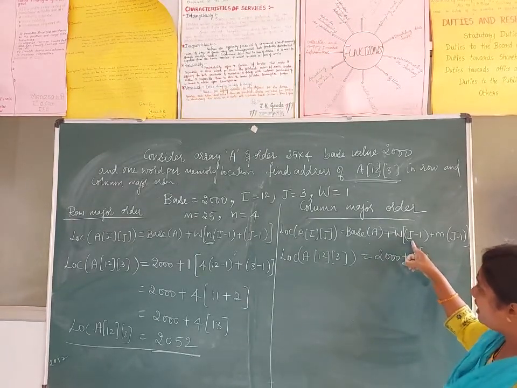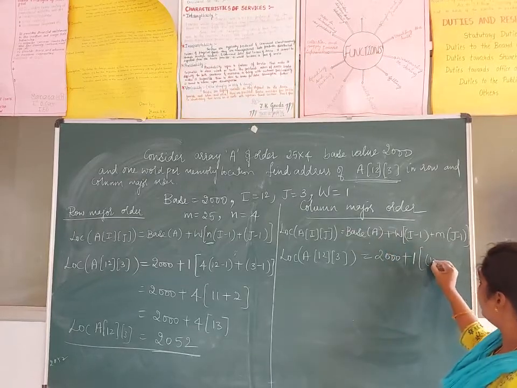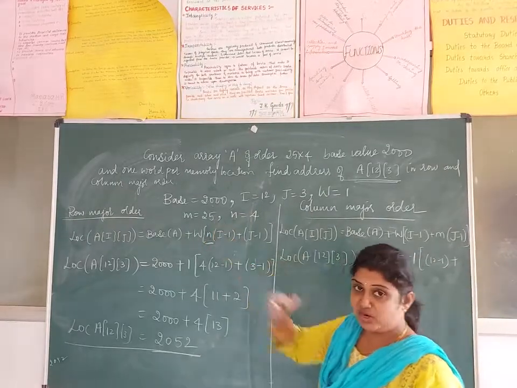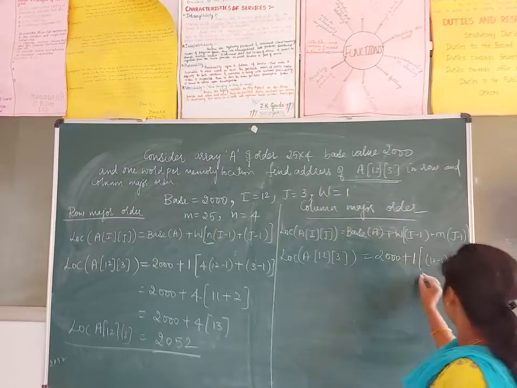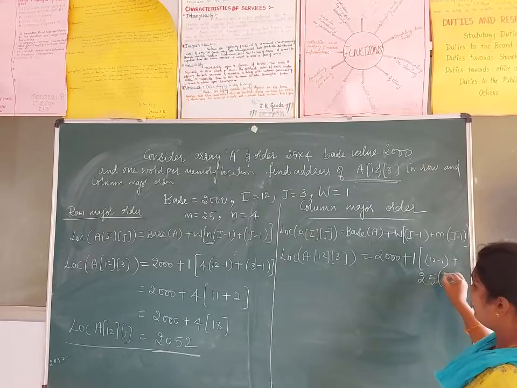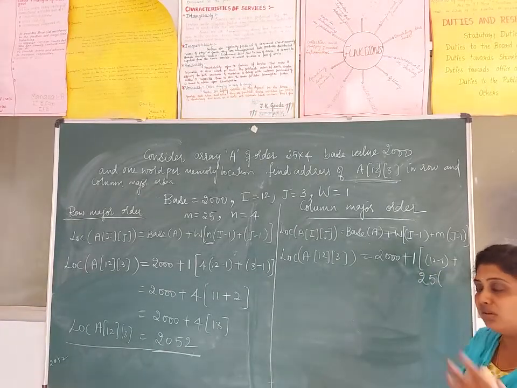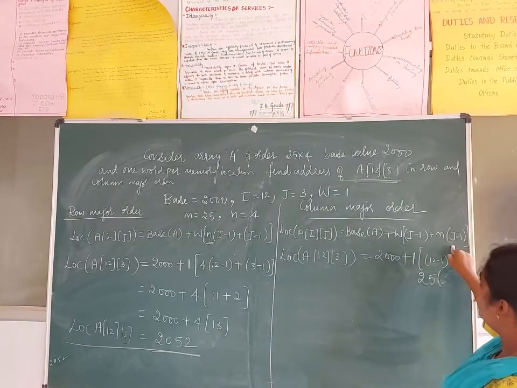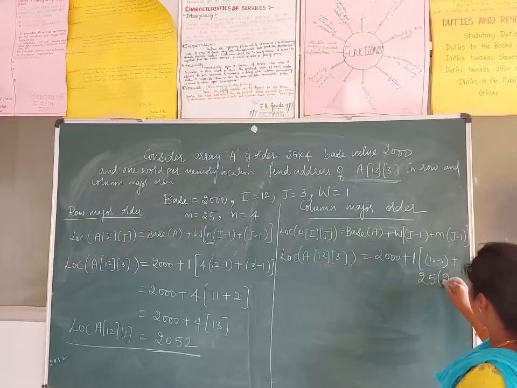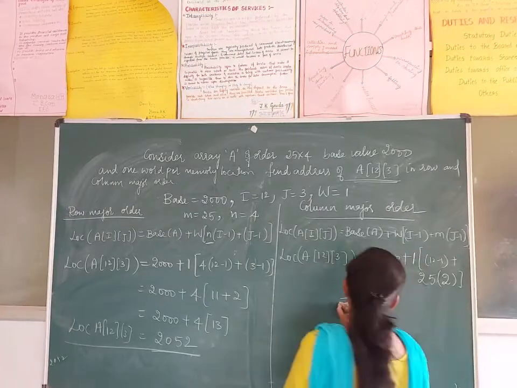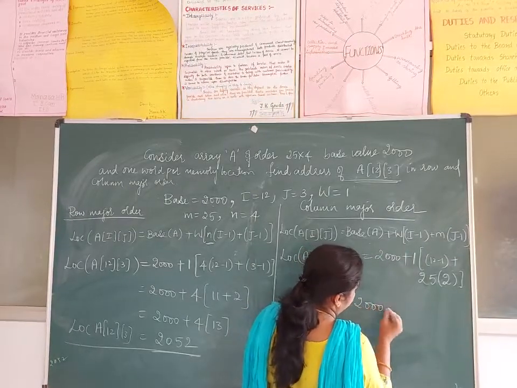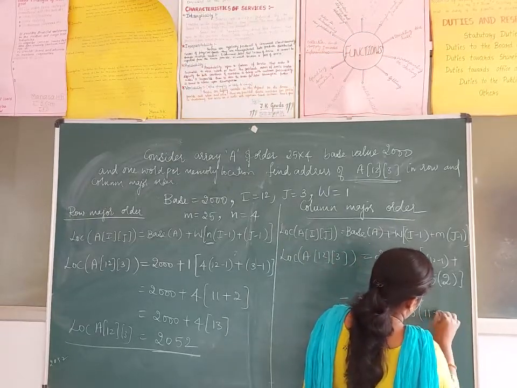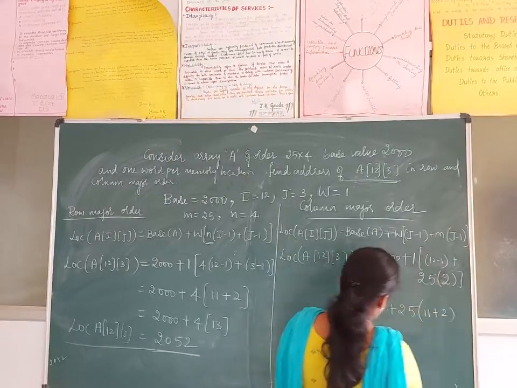The i value is 12, so 12 minus 1, plus the m value, which is 25, into j minus 1. The j value is 3, and 3 minus 1 you get 2. So here 2000 plus 25 into 11 plus 2.